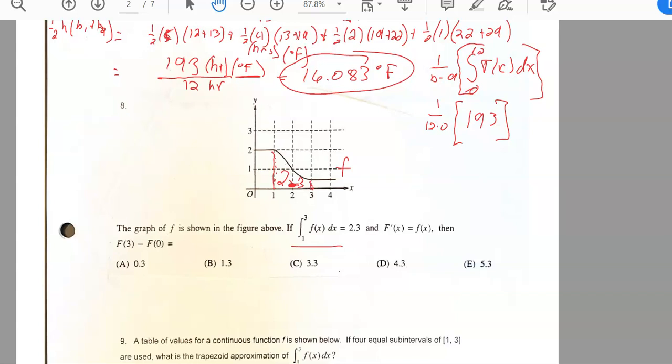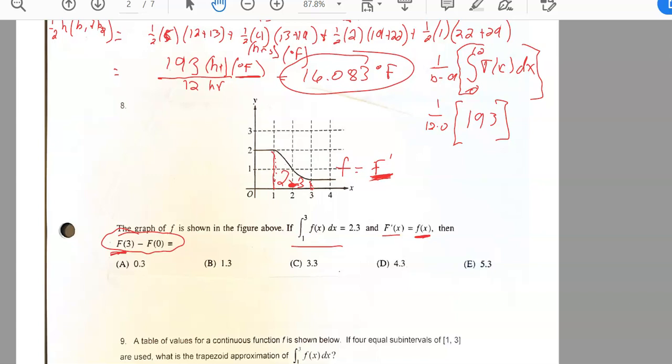Then they tell you that f, which is that graph above, could also be called capital F prime. And then they ask, well, what would regular old F have to be from 0 to 3? So the way we would have gone from capital F prime to a regular old capital F without the tick mark is through integration.